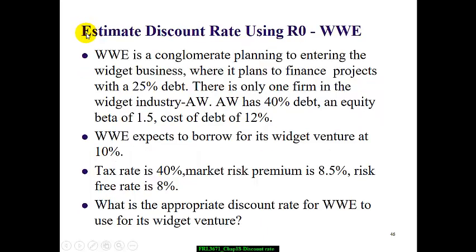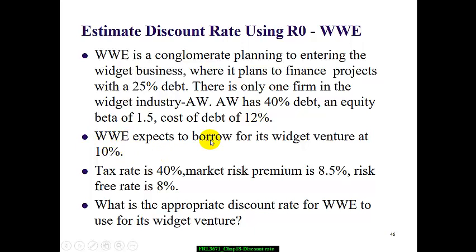Now I'm going to go over another example, using the R0, MM Proposition 2 approach. WWE is a conglomerate, wanting to start a new widget business. So this project is going to be financed with 25% debt. There is only one firm in this widget industry, AW, which has 40% debt, equity beta 1.5, cost of debt of 12%.